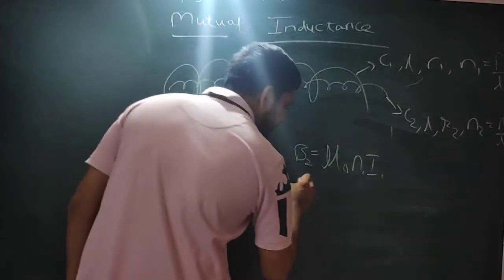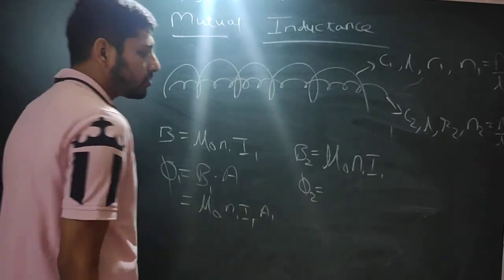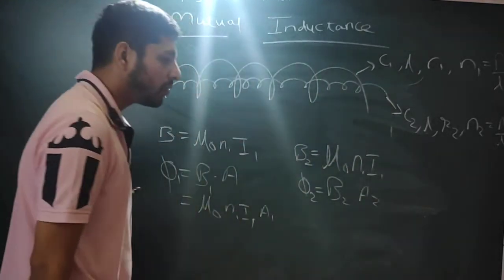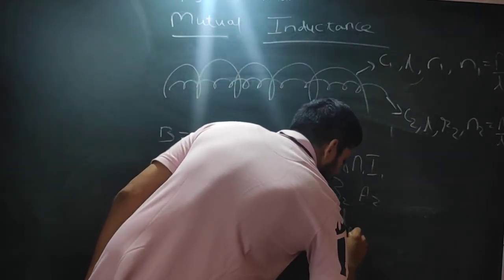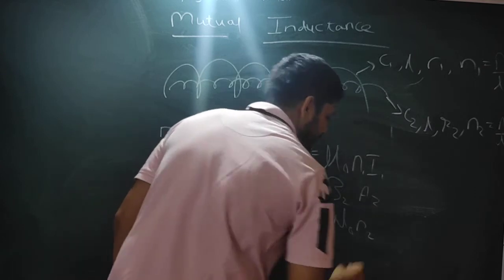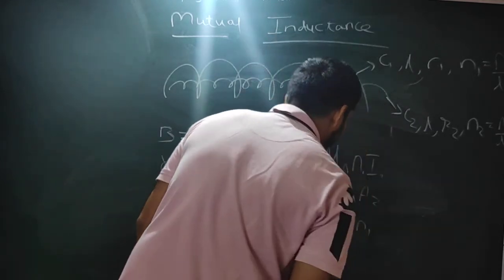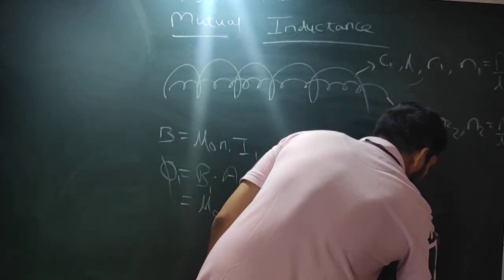Now the flux in the second coil will be, once again, B2 A2. What is B2? It is the same, mu 0 N1 I1, into A2.